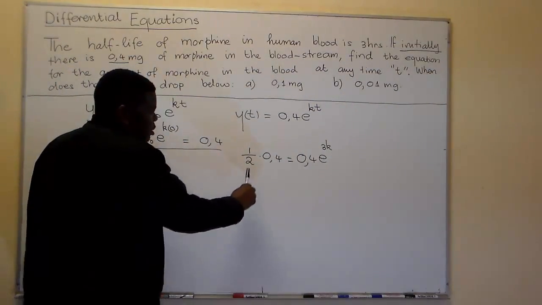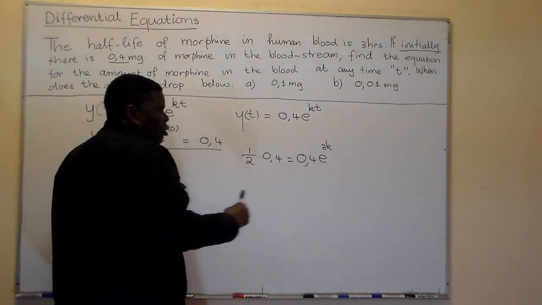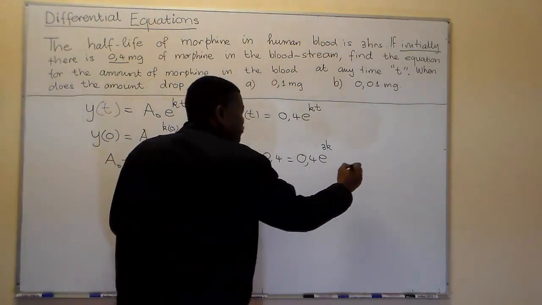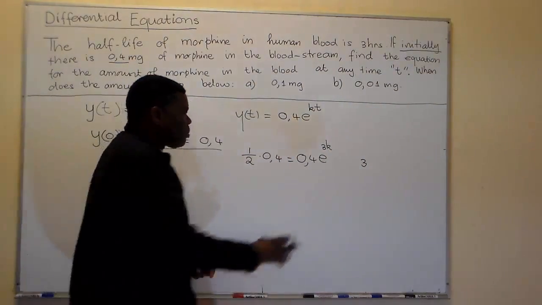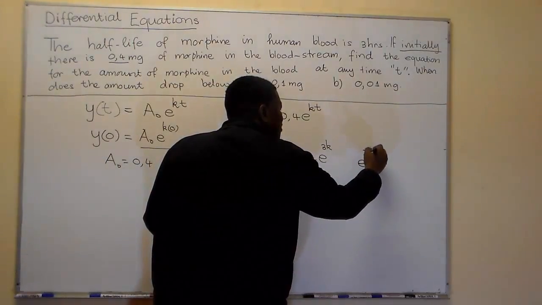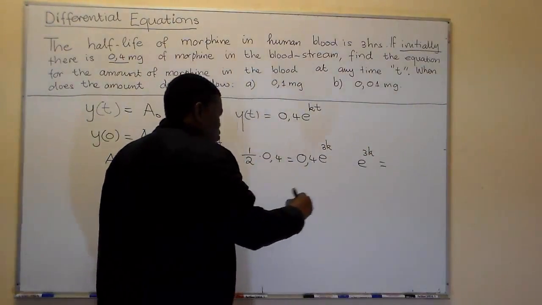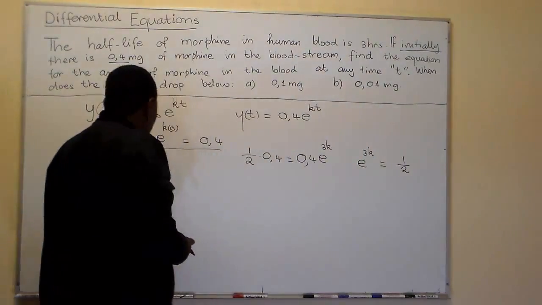So then what you can deduce from this equation, dividing both sides by 0.4, we deduce that e to the exponent 3k is equal to half.